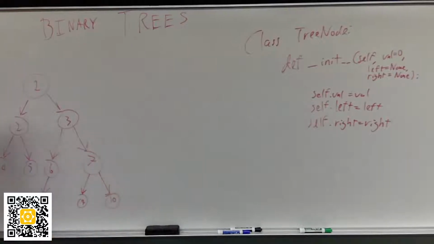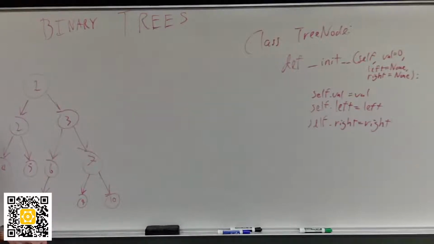Okay, all right. So how do we traverse a tree, right? Anybody know what they should do to traverse this tree to, say, print out the values in a certain order? Okay.